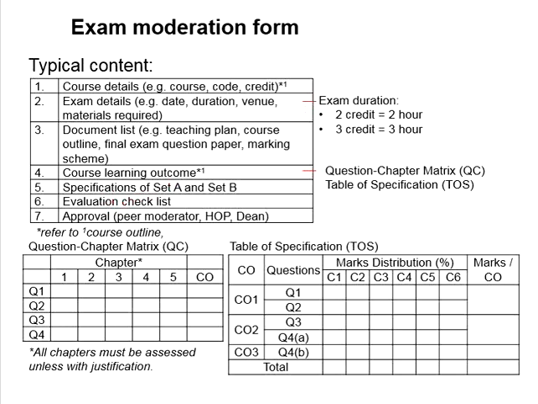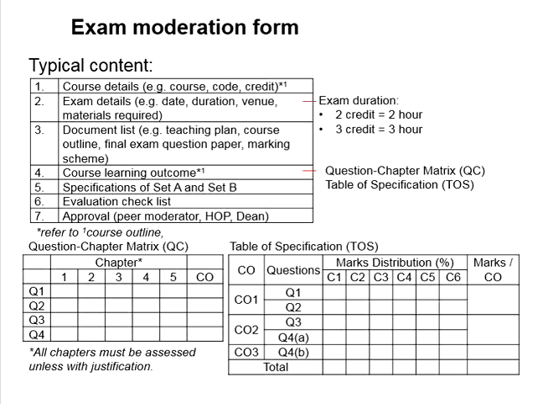This will involve the peer moderators, who are your colleague lecturers. They will look into your final exam questions as well as your marking schemes, whether the marking schemes clearly indicate how the marks are being assigned.